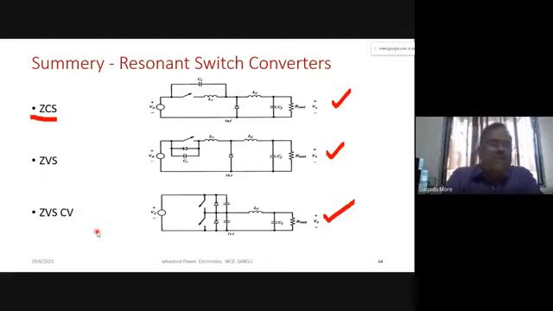The voltage rating required will correspond to VD. So we can say that ZVS CV will be the better option, but we require one additional device for that. Is it right? All the other two topologies are with one device, but here we require this topology with two devices. So that will be a comparison between these three. Any question?